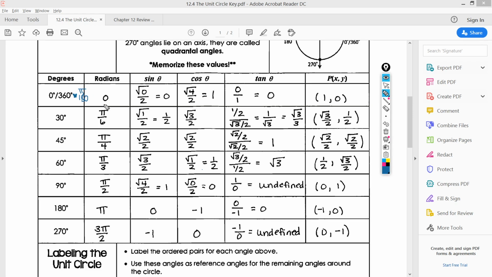So these radians are just the result of that. Obviously 0 times this is 0, but if I do 30 times pi over 180, 30 over 180 reduces to 1/6, so that's why you get pi over 6.